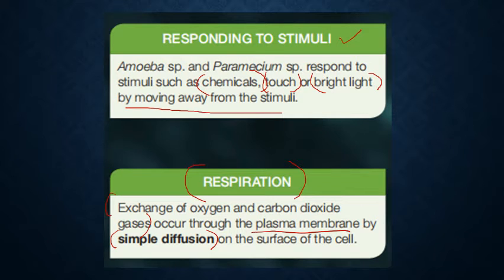They have plasma membrane, so carbon dioxide and oxygen simply diffuse into and out from the amoeba and also paramecium through the process of simple diffusion on the surface of the cell.